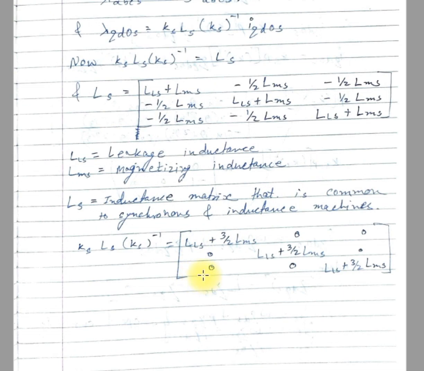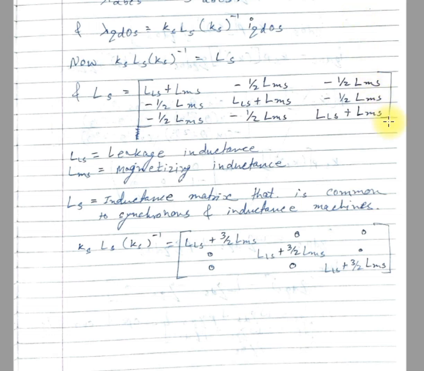The last equation is for a symmetrical system where Ks into Ls into Ks inverse gives a diagonal matrix with the value LLS plus 3 by 2 LMS. And this is because it magnetically uncouples the substitute variables in all the reference frames.